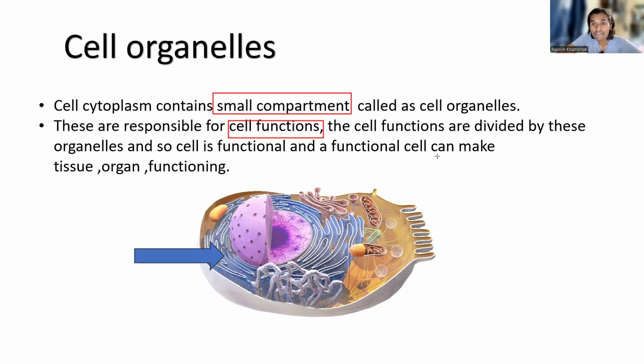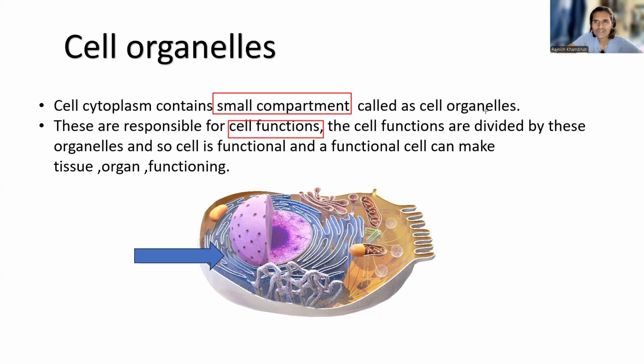The cell functions are divided among these organelles, and so the cell is functional, and a functional cell can make tissue and organ functioning, which is known as division of labor. These organelles are going to do the work on behalf of the cell, and that is how a cell is living, and so we are living.